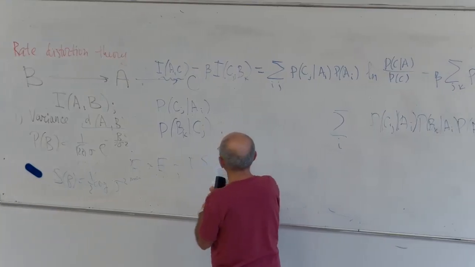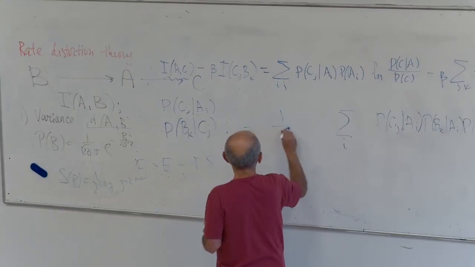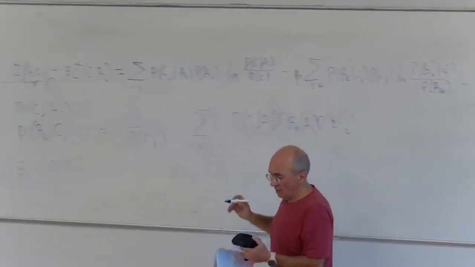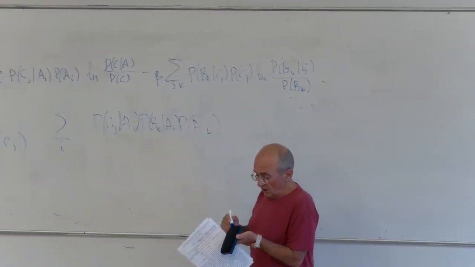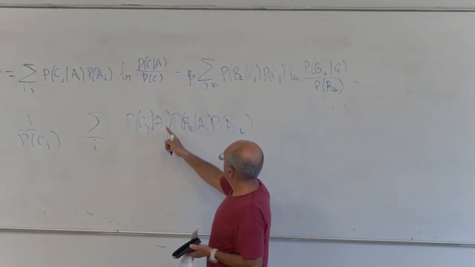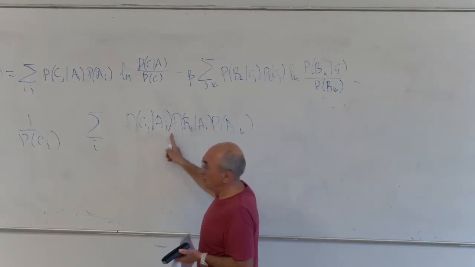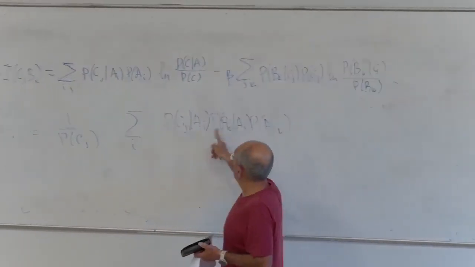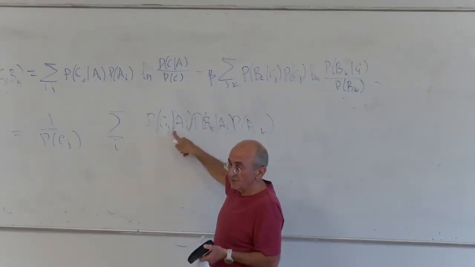And because you're looking, it's 1 over P of Cj times this sum over I. Okay? And in terms of relation of these things, it's linear with respect to B, but this P of C comes as a factor.